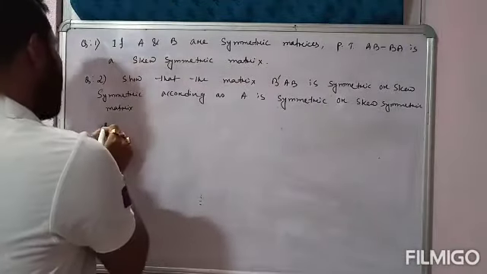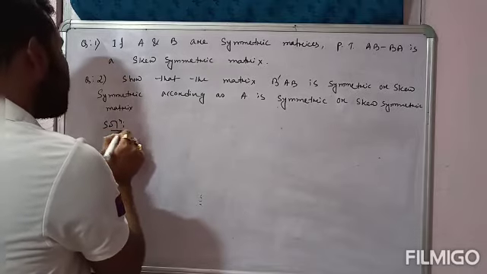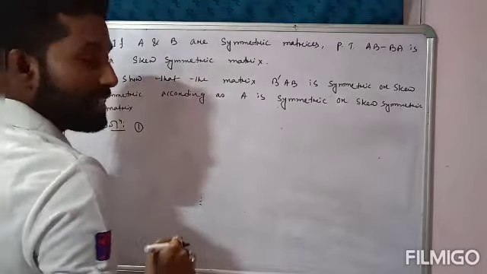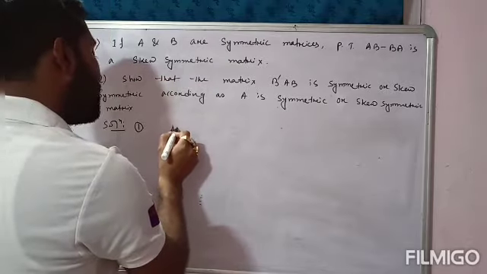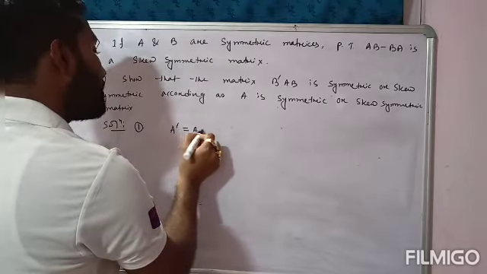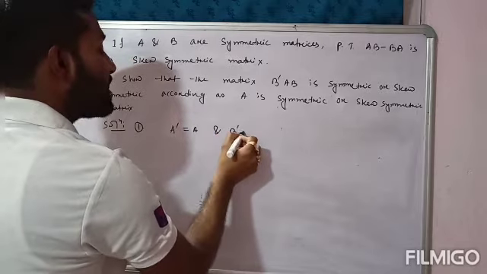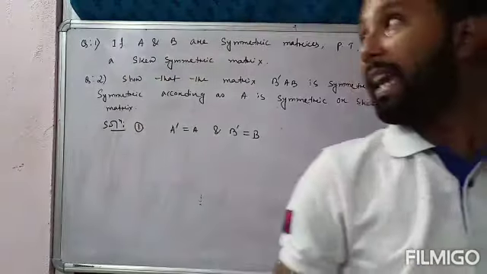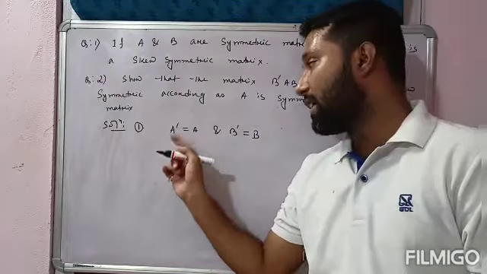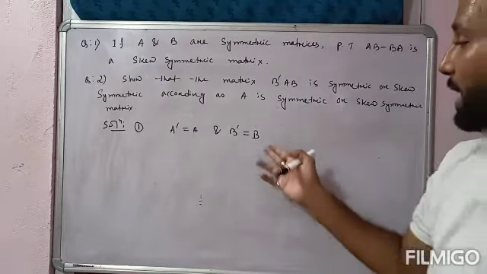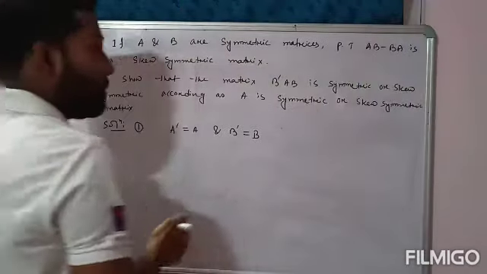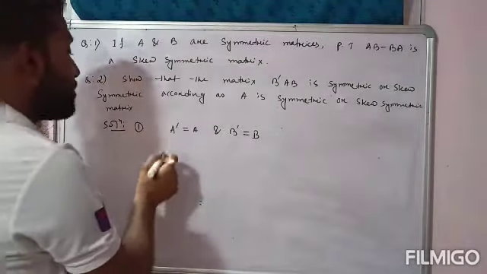So solution number 1. Since A and B are symmetric matrices, we can write A transpose is equal to A as well as B transpose is equal to B. But you have to prove that AB minus BA is a skew symmetric matrix.